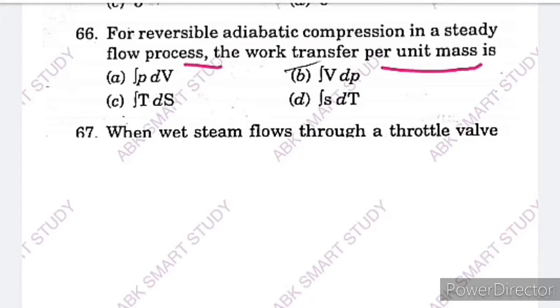The correct answer is that for reversible adiabatic compression in a steady flow process, the work transfer per unit mass is integration of V dP. So option B is the correct answer. Next question.